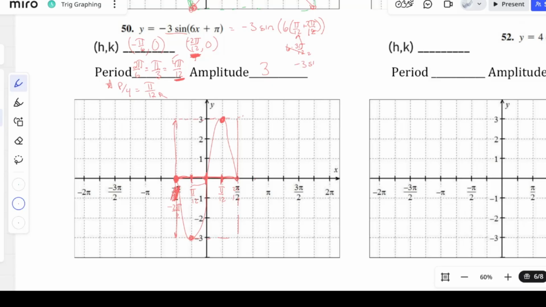Negative 3 sine 3 pi over 2. 3 pi over 2 is down there. And since sine is that y coordinate, it's negative 1. So negative 3 times negative 1 was positive 3. Okay, so that checks out.